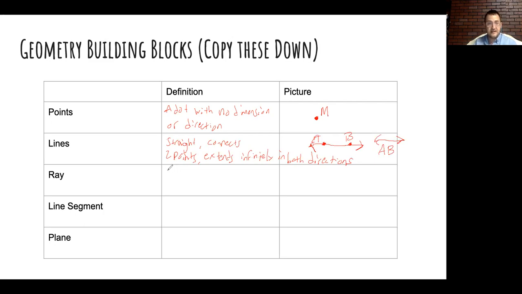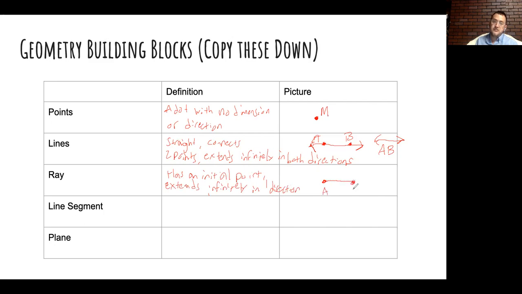A ray has an initial point and extends infinitely in one direction. So for instance, I may start at point A, that's my initial point.